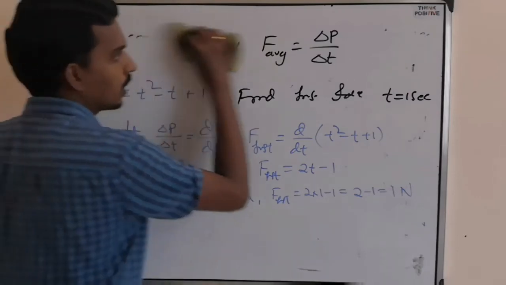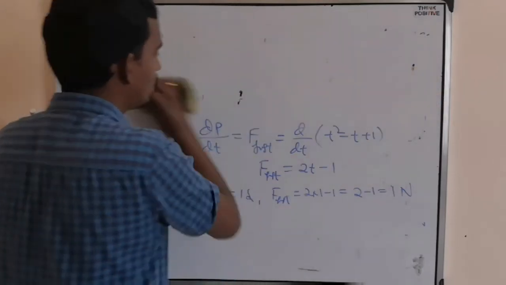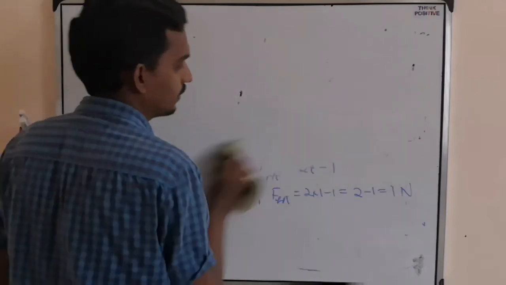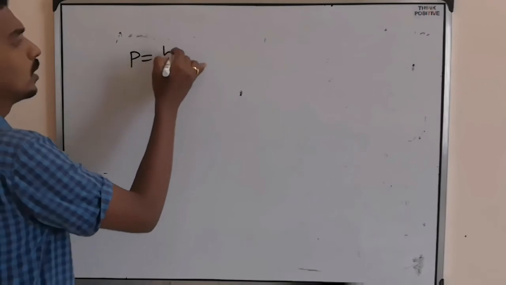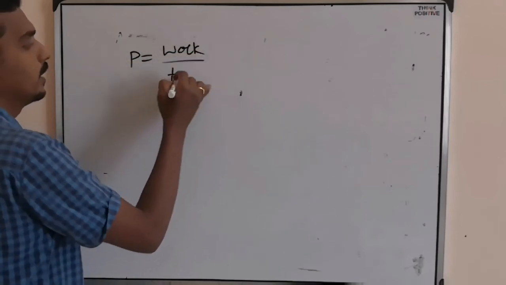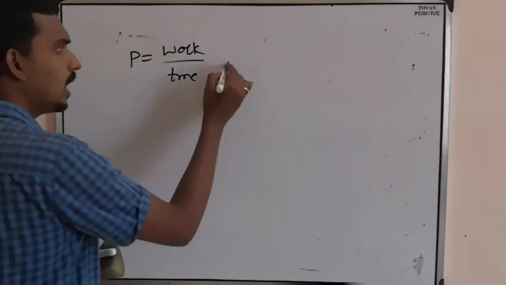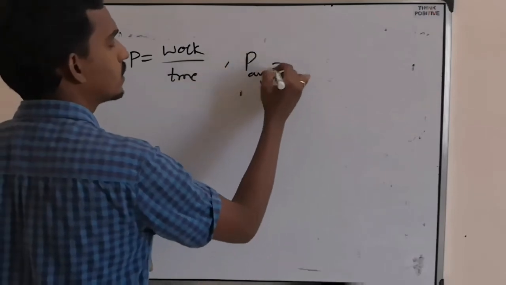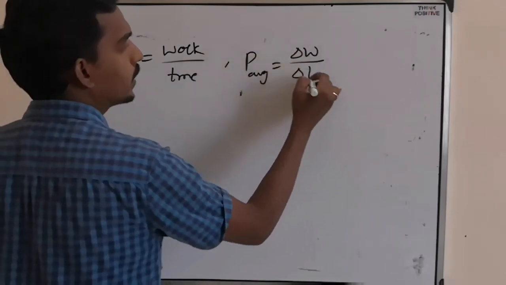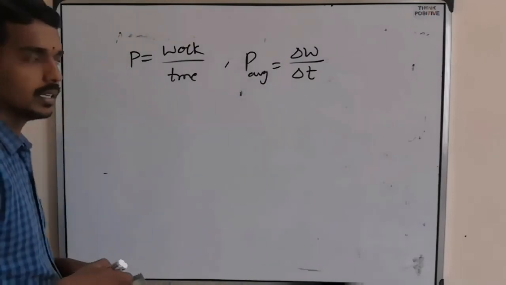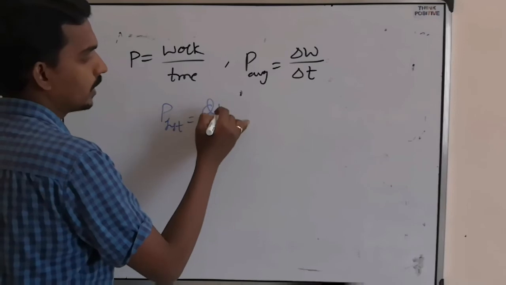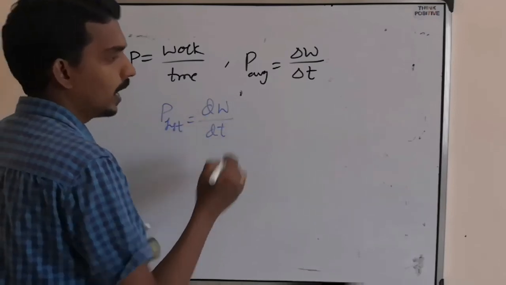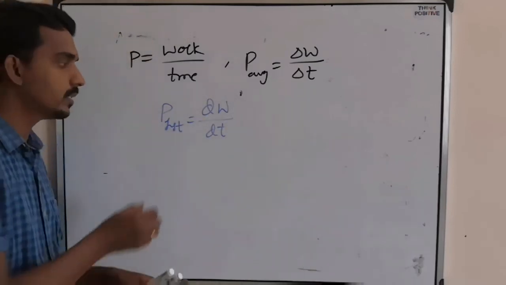And one more example I will tell you. Like you have studied work, energy, power. So power equals what? Power equals work by time. So here also, average power is the total work done by total time taken. But when you take instantaneous power, then you will take it as dW by dt.